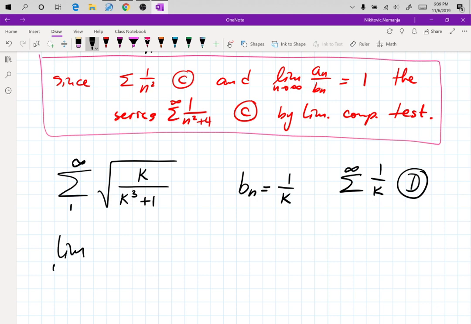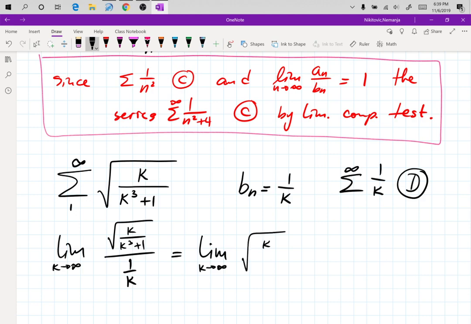So limit k goes to infinity of ak divided by bk. We need this to be finite. So limit k goes to infinity, and now I have the square root of k divided by k cubed plus 1 times k. Now the k will go inside the root and pick up a square.